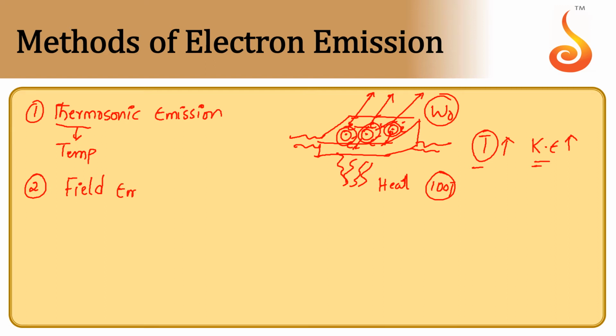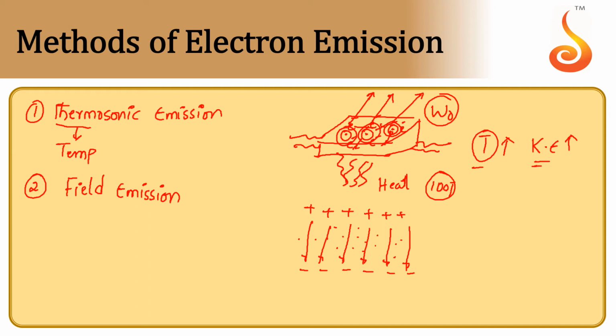So the field emission method is nothing but, if we create a strong electric field, what happens? The potential at any point will be really huge, because the electric field is directly proportional to potential.